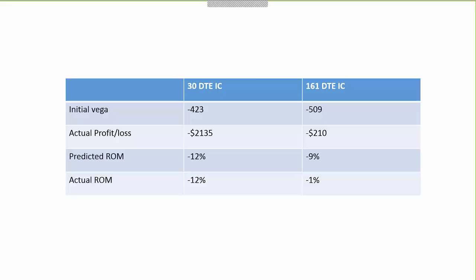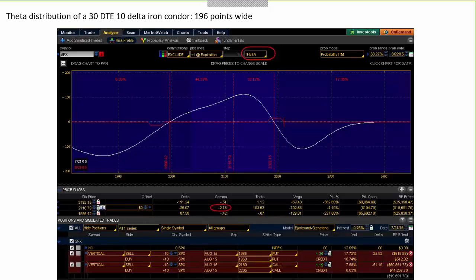So what the heck is this, right? This is the theta distribution of a 30-day iron condor, a similar one to what we looked at before. In TOS, I've gone in and changed it from P&L to theta. What this implies is that if price stays in this range, we are making money.